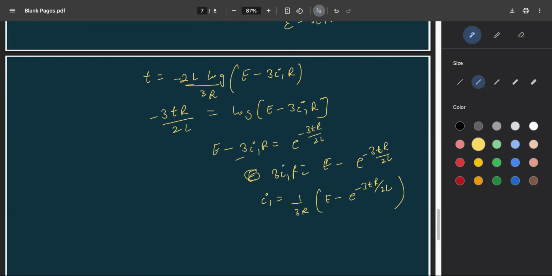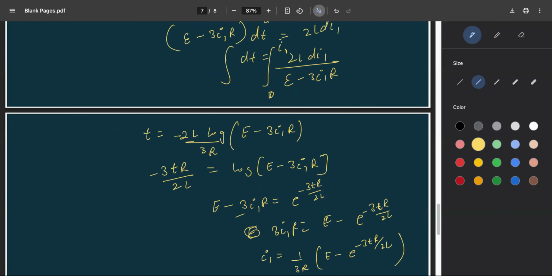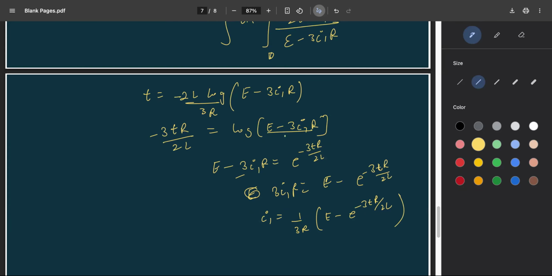Actually, when you integrate this on both sides, you go from current I1 starting from 0 to some higher value, some I, I1 basically, or I can say a very high value. By doing that, you get the bottom as E itself.